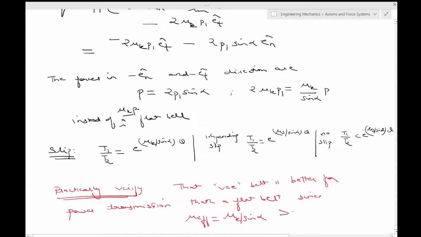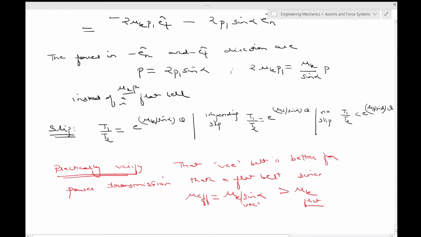This is always greater than mu k. So this is for the flat belt and this is for the V. Since the friction is more, the power transmission is greater. This is something which you should be able to see and understand, and how belts are used, and this is somewhat of a homework for you.